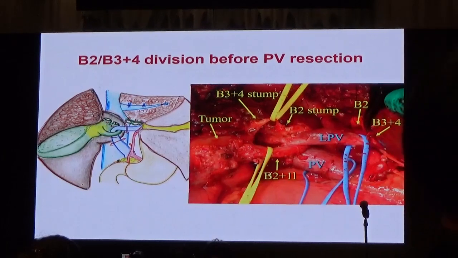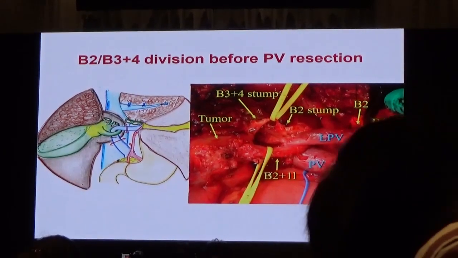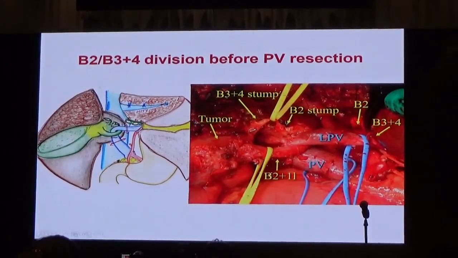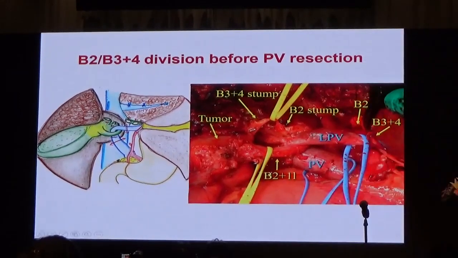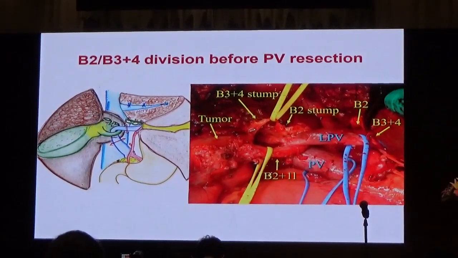And after that, I decided to dissect and reconstruct the prolonged left portal vein to shorten the left portal vein. A prolonged left portal vein is a very dangerous anatomical situation, which can develop post-operative portal thrombus because of the prolonged branch of the left portal vein.